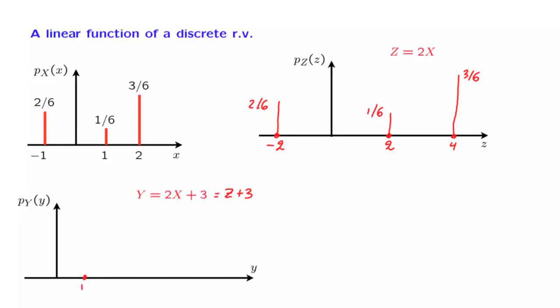And this event happens with probability 2/6. With probability 1/6, z takes a value of 2, so that y takes a value of 5. And finally, with probability 3/6, z takes a value of 4, so that y takes a value of 7.